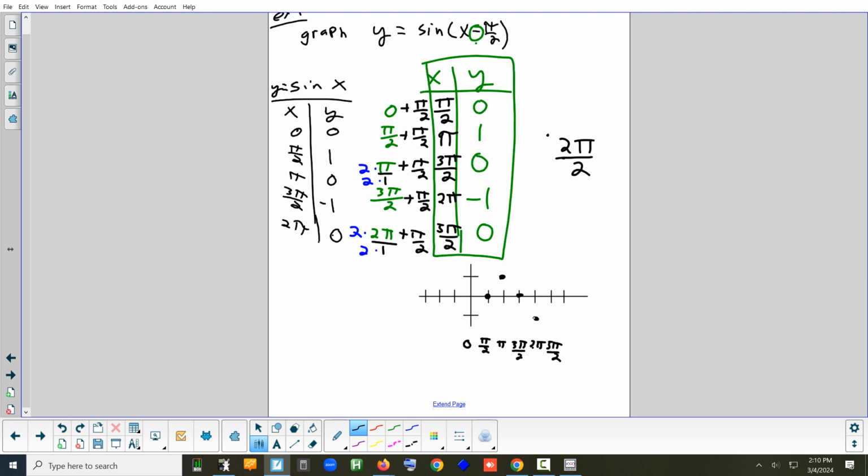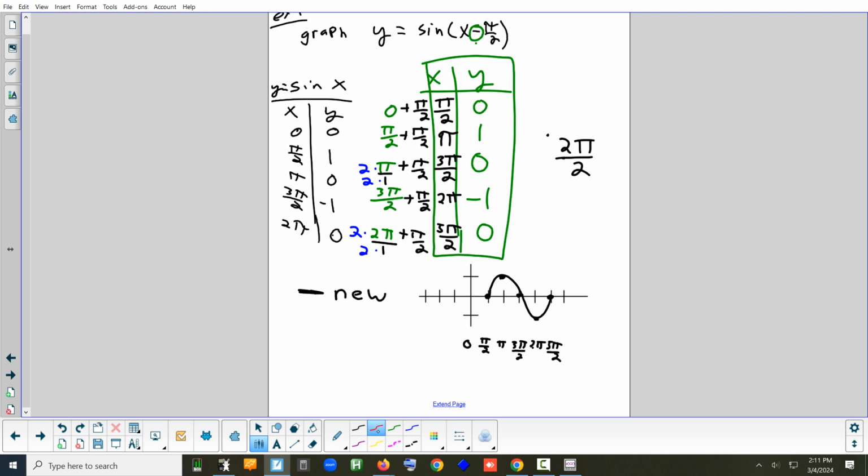And 5 pi over 2, 0. Okay, and that is our new graph. Remember when you draw it, sine and cosine waves are nice and curved. There's no sharp turns on any of these graphs. So nice and smooth curved.